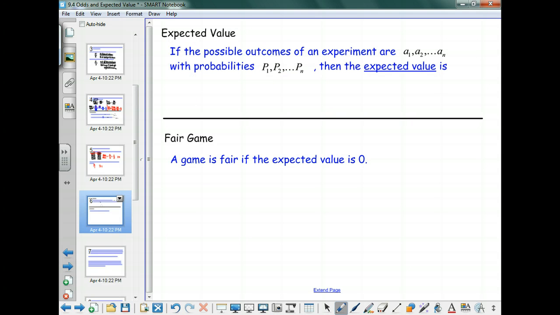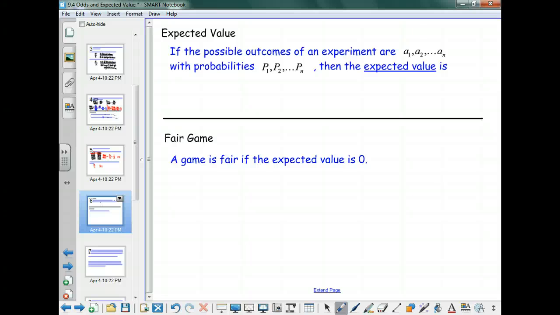Okay, that's odds. You're going to work some odds problems. The other thing in this section is expected value. If we have possible outcomes of an experiment, these are the ends of the branches of the tree diagram, all the different branches. And we give them a name. This one's A1, and this one's A2, and this is A3, all the way down to however many outcomes we have.